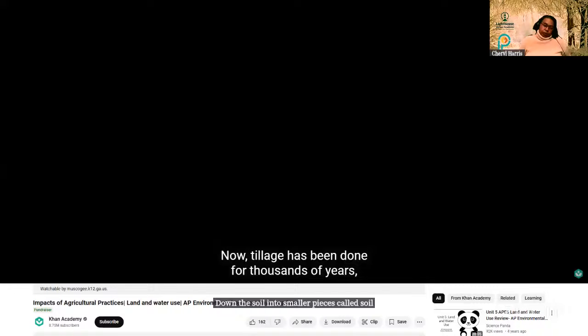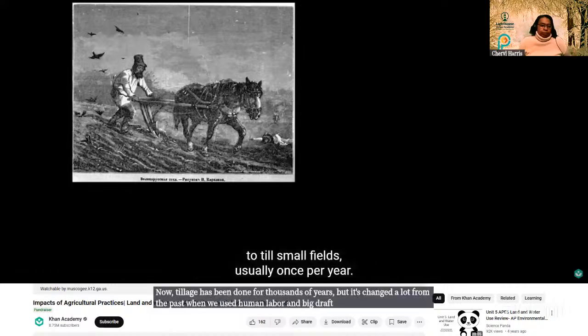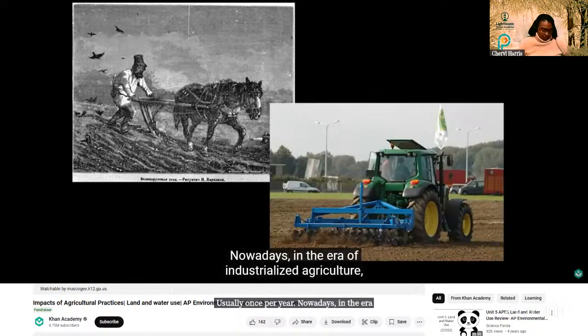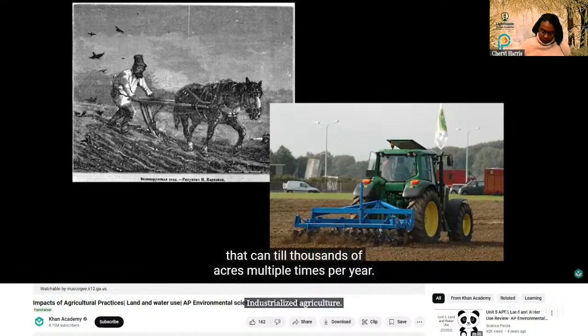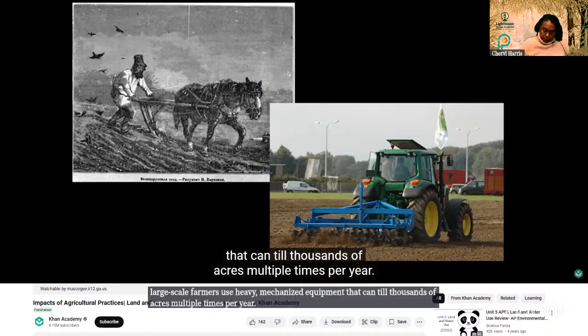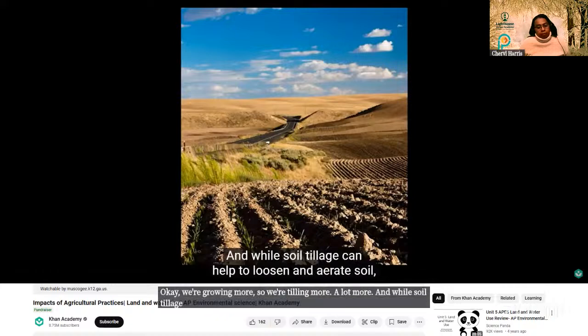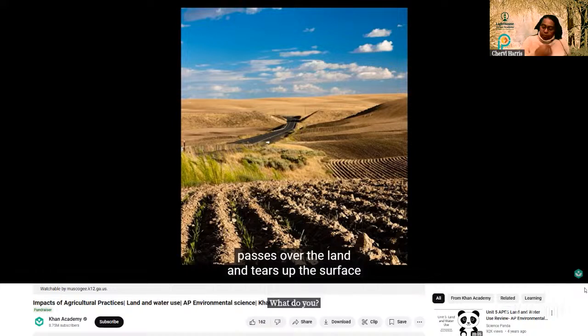Now, tillage has been done for thousands of years, but it's changed a lot from the past when we used human labor and big draft animals to till small fields, usually once per year. Nowadays, in the era of industrialized agriculture, large scale farmers use heavy, mechanized equipment that can till thousands of acres multiple times per year. Okay, we're growing more, so we're tilling more. A lot more. And while soil tillage can help to loosen and aerate soil, what do you think happens when heavy machinery passes over the land and tears up the surface multiple times per year?